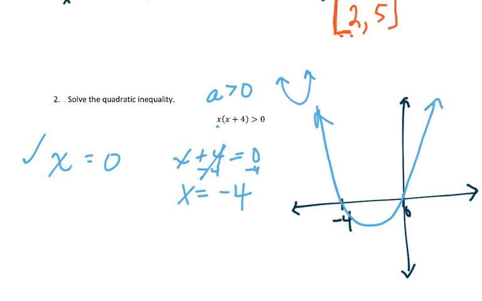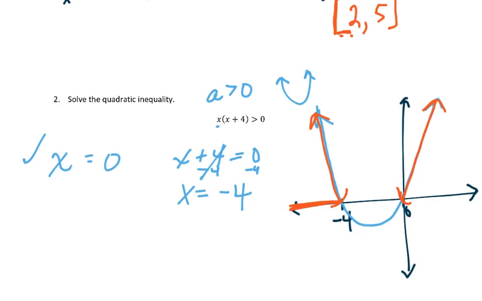And then we want to figure out, where is this quadratic greater than 0? So where is this parabola above the x-axis? Well, that's from this point up, non-inclusive, so that should be a hollow circle. I'm going to do a little parenthesis there. And from this point up, this is where the graph is greater than 0.